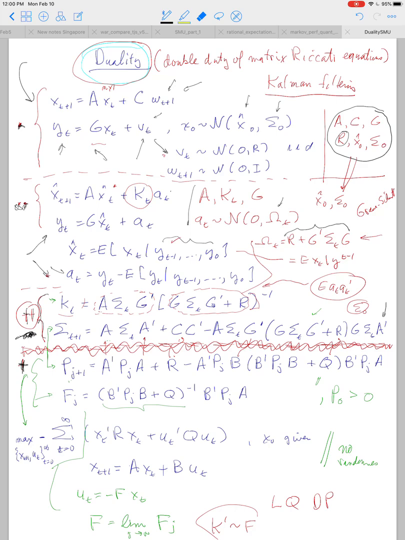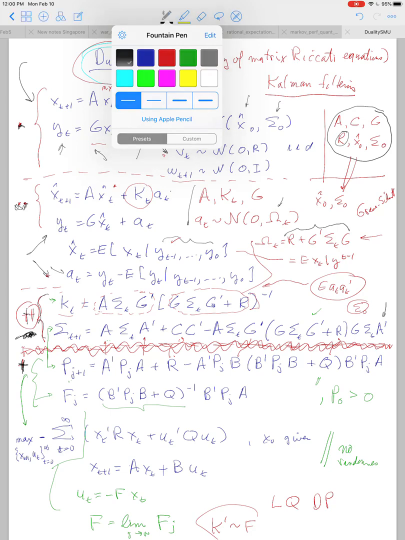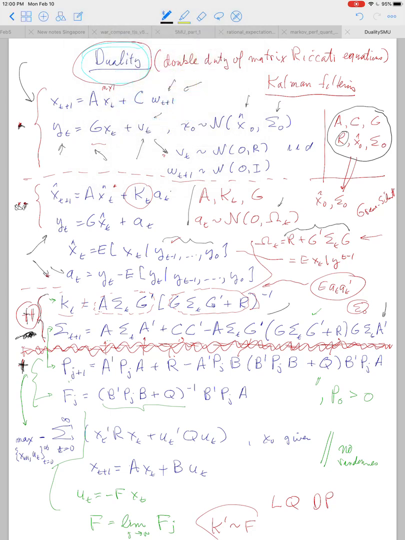And let's start with that. The equation for K involves this matrix here, E, this matrix G, this matrix right here, G sigma G prime, that's just what we had up here. That was equal to omega t.